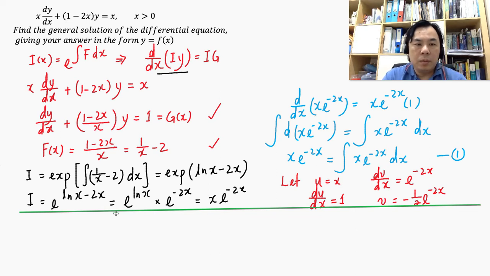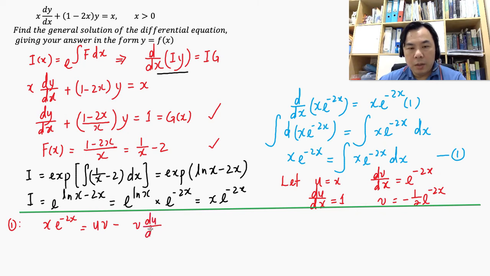All right, so from here onward, I can rewrite this as x exponential negative 2x from equation number 1. Now that would be the same as uv. So the formula is uv minus the integral of v du/dx. So our uv we have negative half x e to the negative 2x.